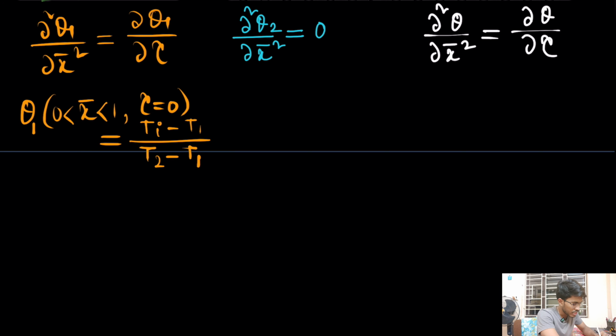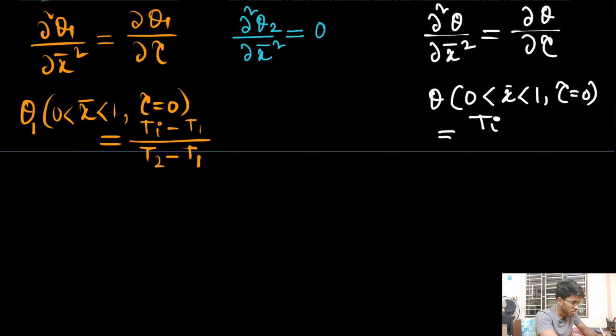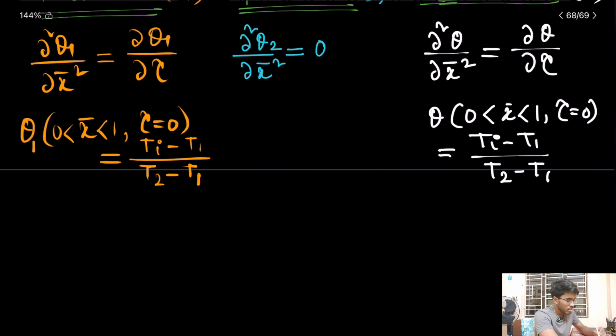And my final expression is what? My final expression is theta for the whole domain tau equal to 0, I must have this one. Okay. So here now what will be this, right?